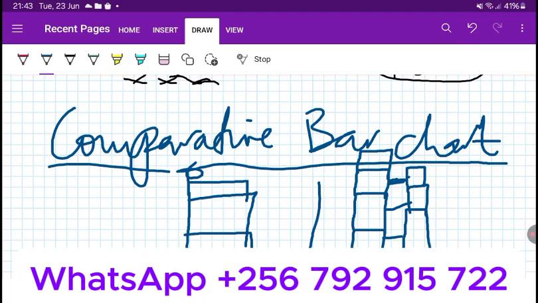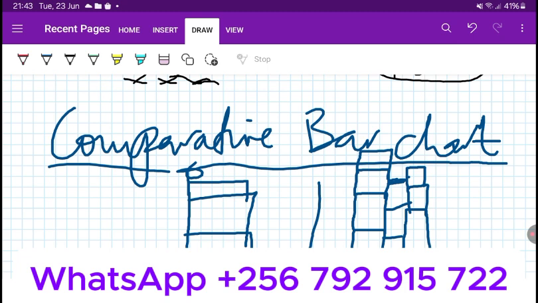Then we go to what we know, because we know how to draw the compound bar chart. Now I want us to know how we can draw the comparative bar chart, because that's what we have not learned, but we are using the same question.